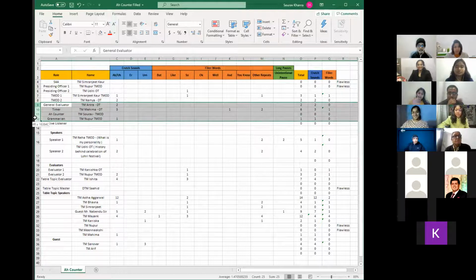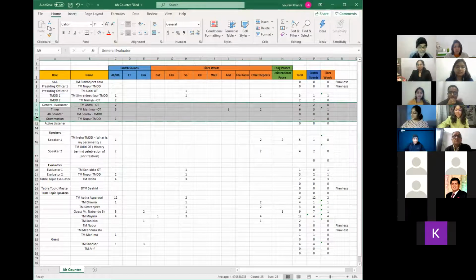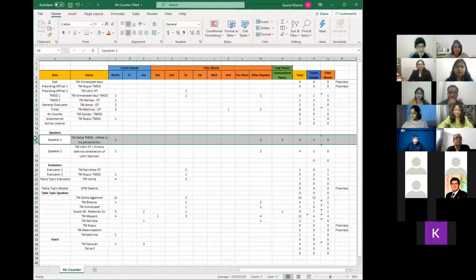Toastmaster Nupur as a grammarian, when she explained herself as a grammarian, took 1 crutch word. Moving to the next, our first speaker, the ice-breaking speaker. She took 5 in total, 1 of which is a crutch word, and she also took 2 long pauses.